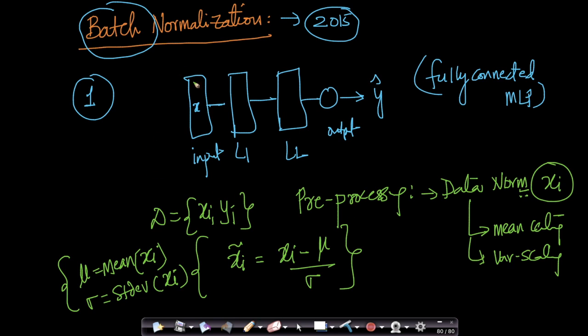Now, of course, at the input level, whatever input we give, let's assume there are some 4 neurons here, some 2 neurons here. All these neurons, whenever they get an input, that input is data normalized. But what might happen here is, imagine a network which is very deep. Let's assume this is my input.